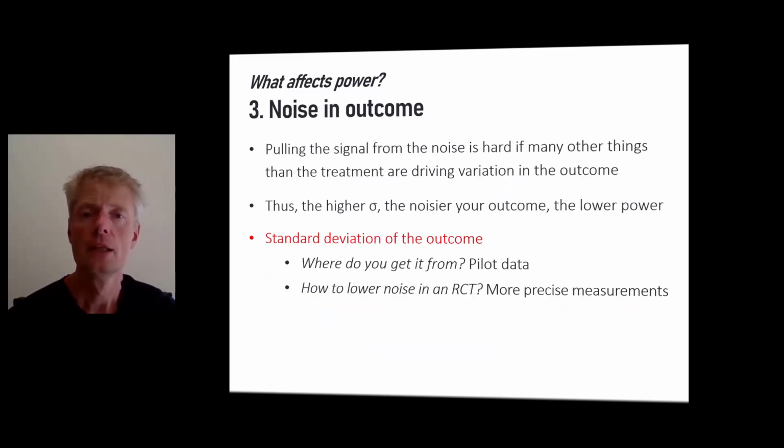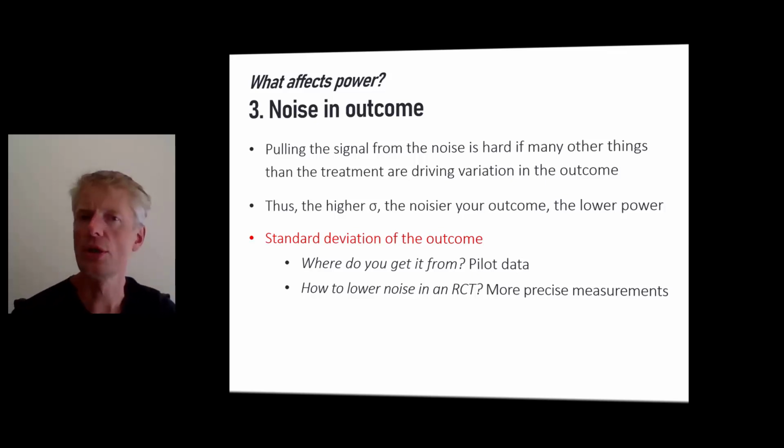A third one is how noisy the measurement of your outcome is. Outcomes are often measured in various ways. For example, say that you're interested in ability, and then you may look at course grades, or you may look at an intelligence test or what have you.